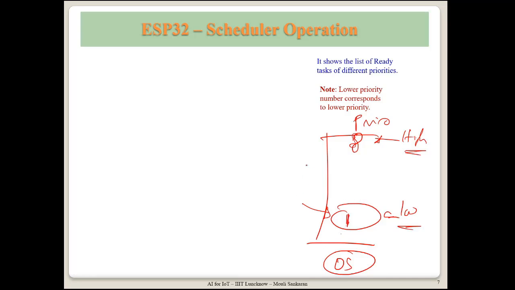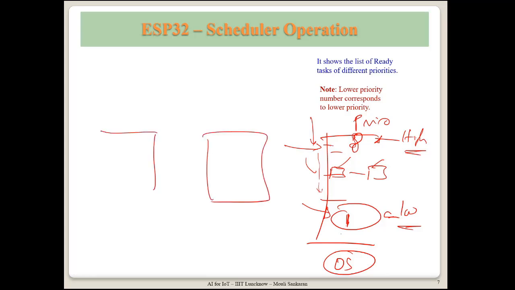So the scheduler is now going to look at the ready queues for each priority. Each priority's ready queue will be maintained, holding the tasks that are ready. It will keep coming from the top, looking for any task which is ready, from the higher priority to the lower priority, based on whether it has to schedule it on core 0 or core 1.